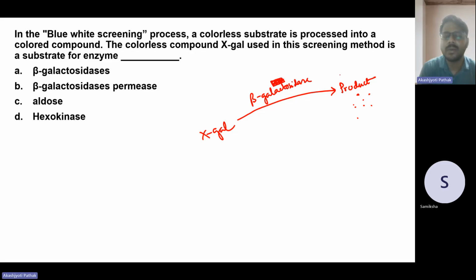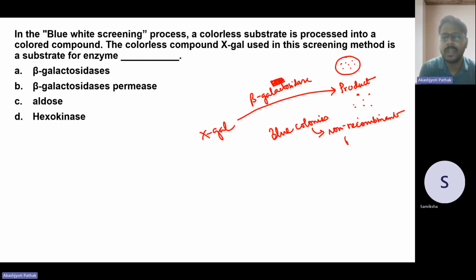So now you will have two types of colonies in your plate: some white colonies and some blue colonies. The blue colonies indicate that they are non-recombinant.